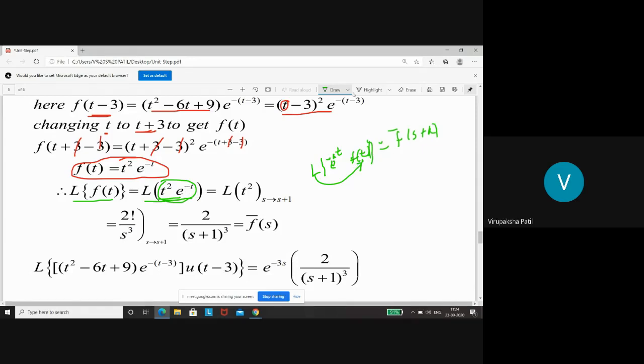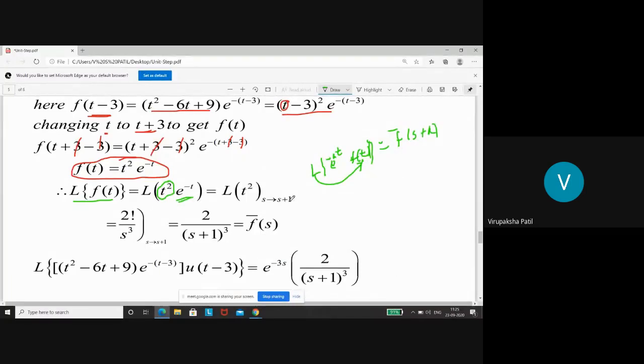So here it is of the form e to the power at into some standard function f of t. I will treat this as your f of t. So I will find the Laplace transform of t square, where it is multiplied by e to the power minus t, means s changing to s plus 1 using the shifting property.